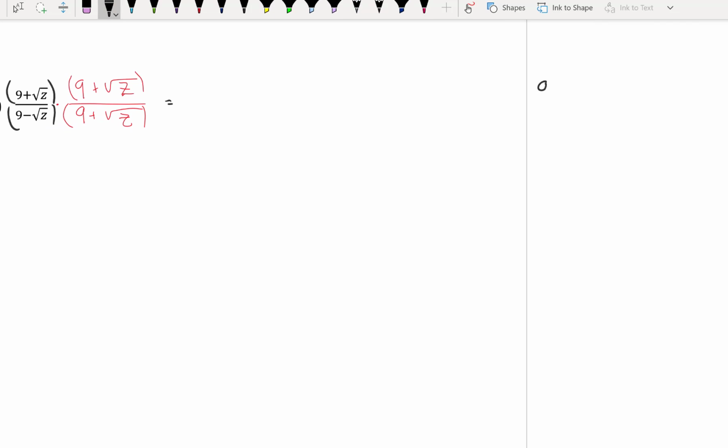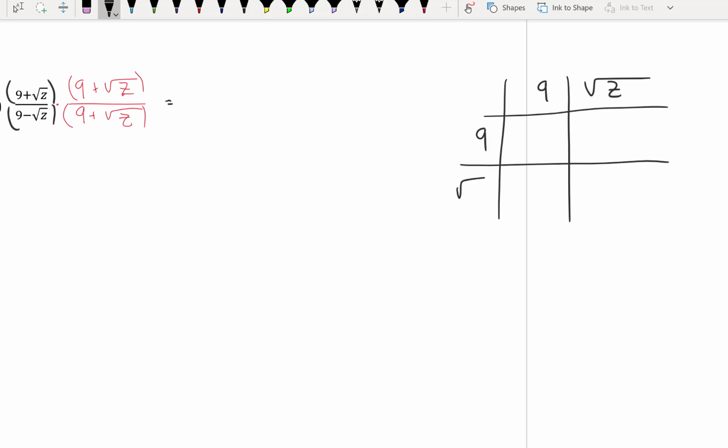So if I have 9 plus the square root of z, using my box method, and I have a 9 square root of z. So let's see what that ends up giving me.